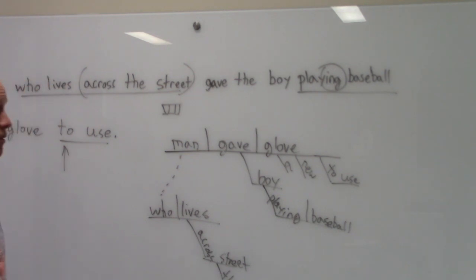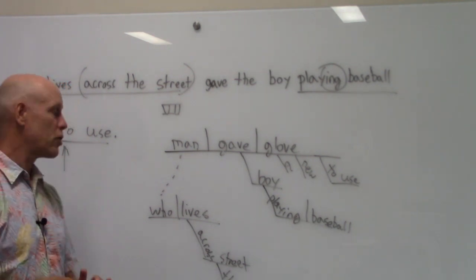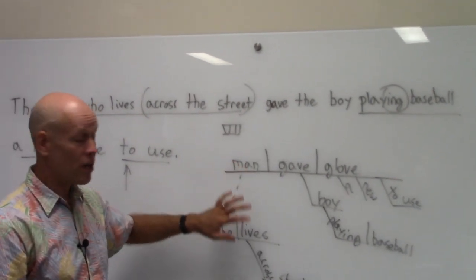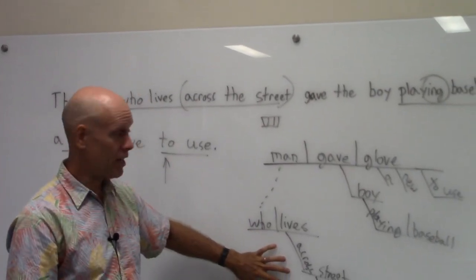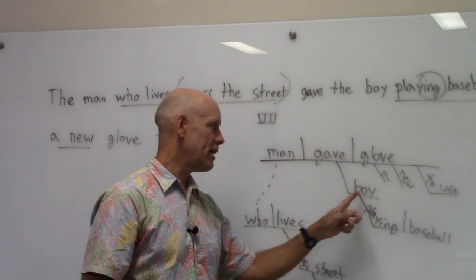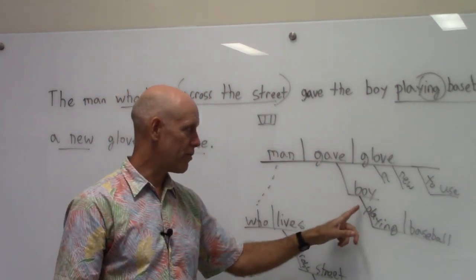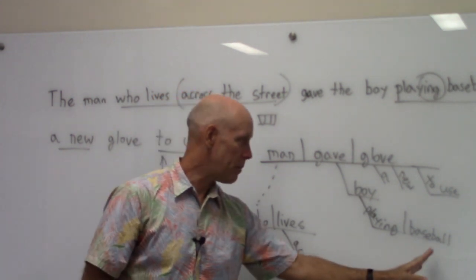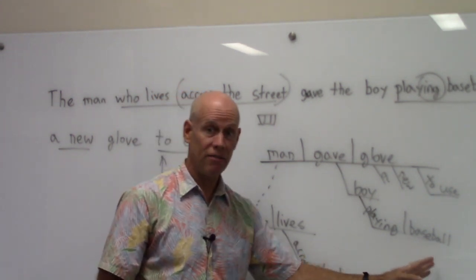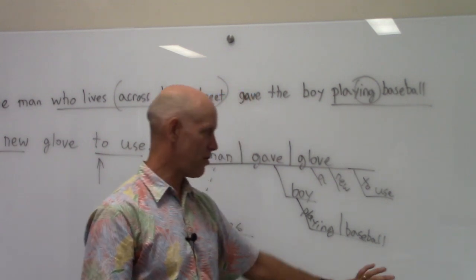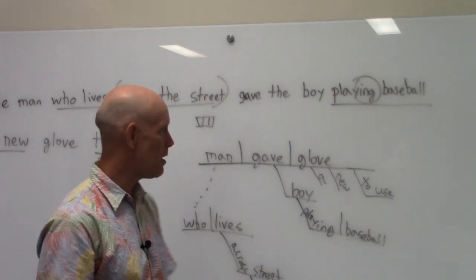So this is most of your little adjectival options here. Your adjectival relative clause, which man? What kind of man are we talking about? The one who lives across the street, right? Here's a noun here. The noun doesn't have to be noun phrase 1 or noun phrase 2. It could be noun phrase 3 here. The baseball could be adjectivalized with some. The baseball that my sister threw at me. Maybe that's your adjectival relative clause for baseball.